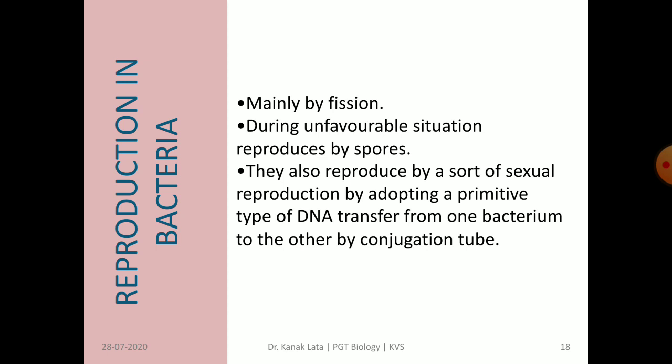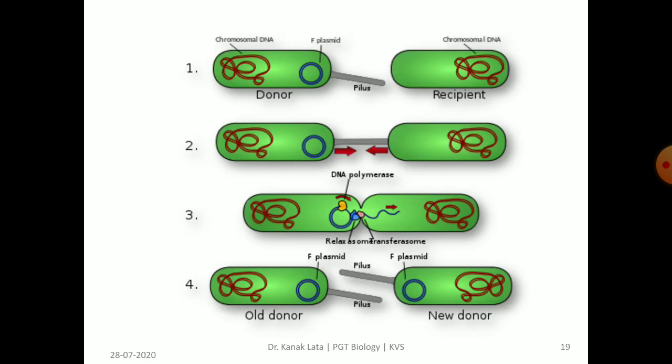With the help of the conjugation tube, there is transfer of genetic material, that is DNA, from one bacterium to another bacterium. In this figure, you see how there is transfer of genetic material.